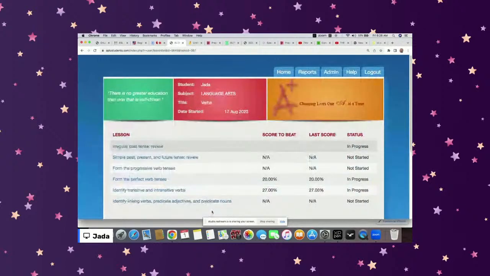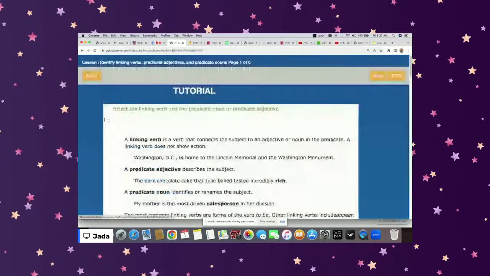Okay, so it says identify linking verbs, predicate adjectives, and predicate nouns. First let's know what a linking verb is.